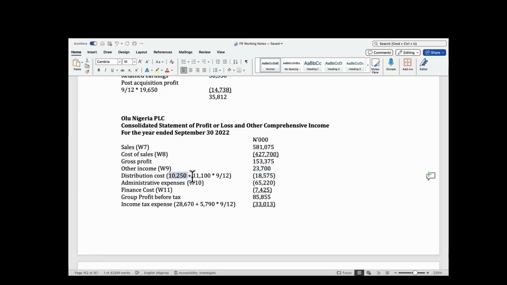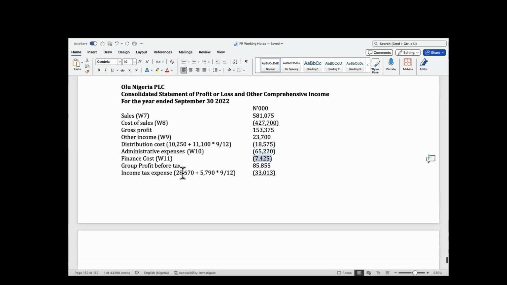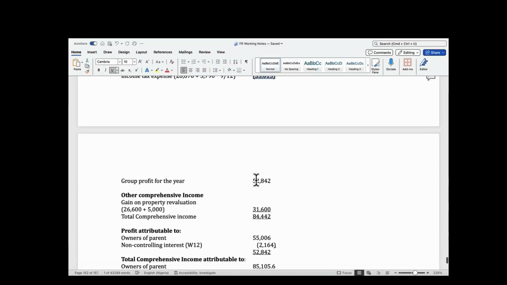This is the parent's, plus 9/12 of the subsidiary's, gives me this. Then for my working 10, my admin, and for my working 11, my finance cost. I didn't work out this. This is the parent's, plus 9/12 of the subsidiary's, gives us this. Then we have my group profit as 52,842.